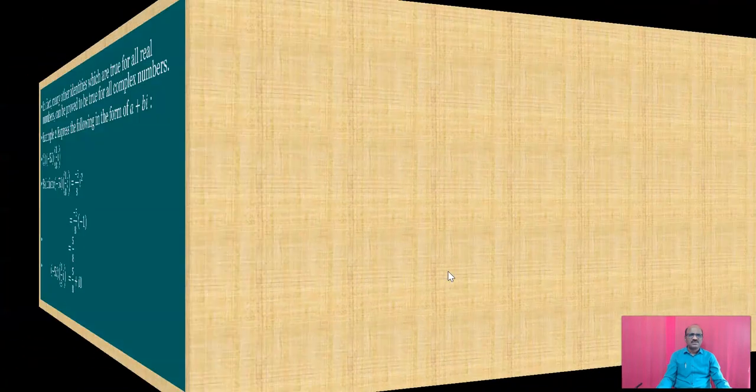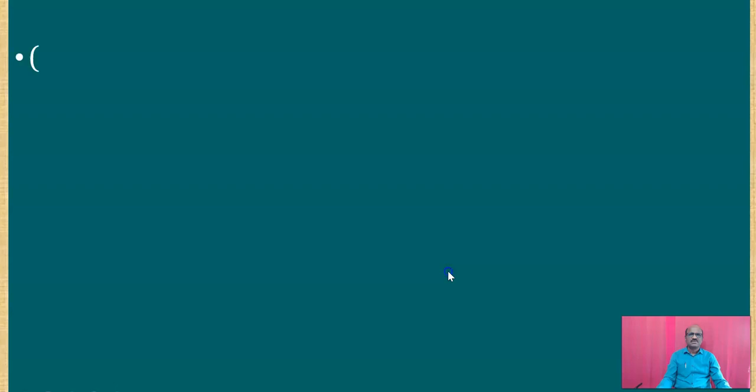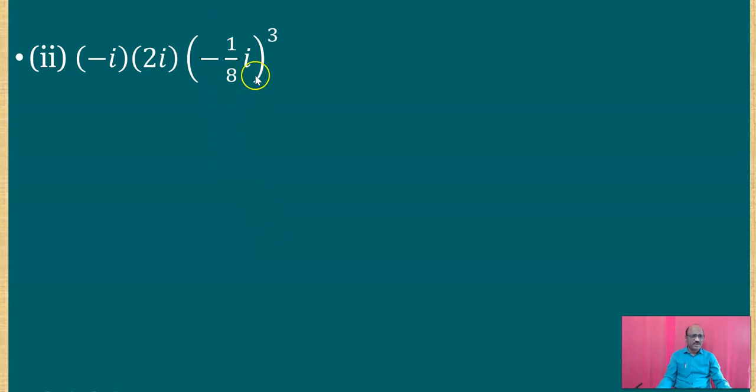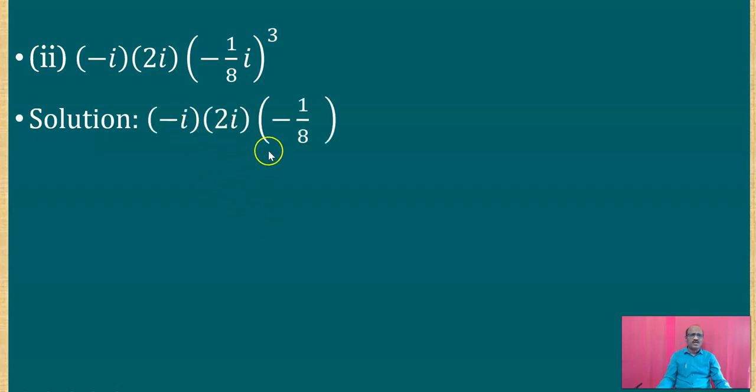Next, the second: (-i) into 2i into (-1/(8i))³. That is equal to 2 into 1/8 into 8 into 8, and what about the i raised to 3, and here it is i into i².